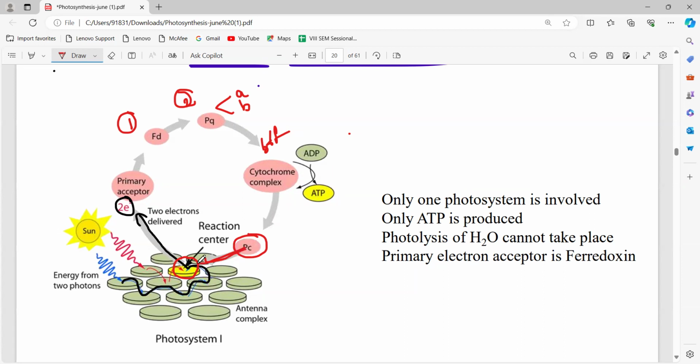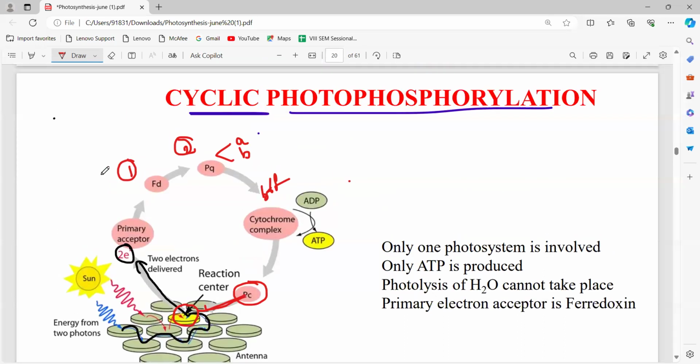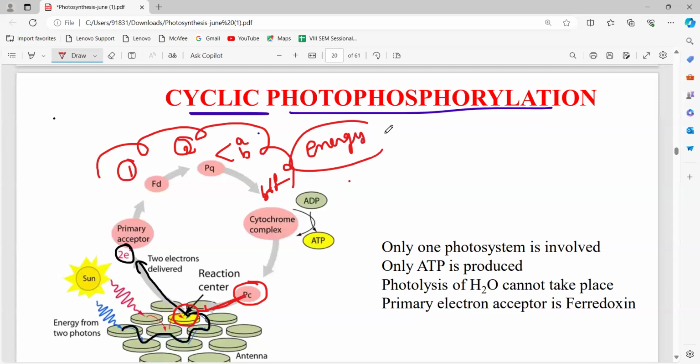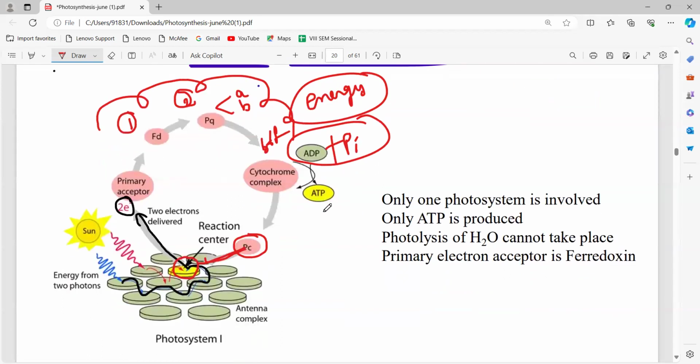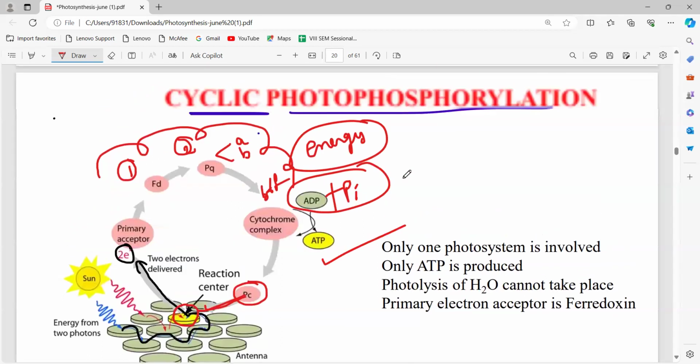From the plastocyanin, it comes back here only. Now you understand: whenever the electron is moving from one electron acceptor to another, there is a loss of energy. That energy can be used to join the ADP with the Pi. Hence, there is a formation of ATP.